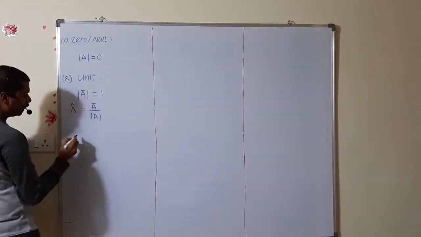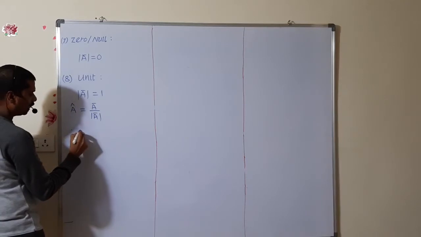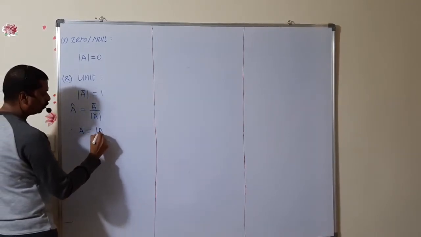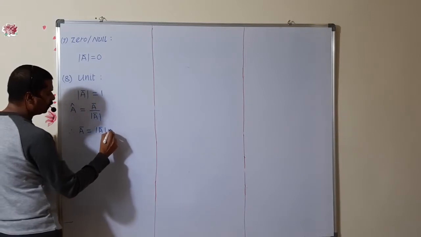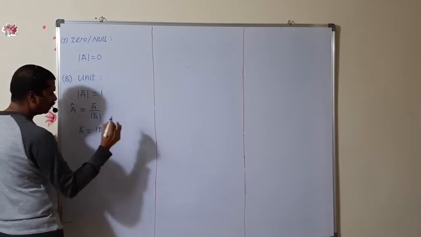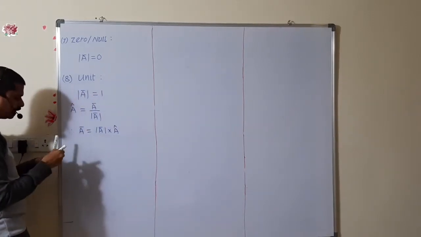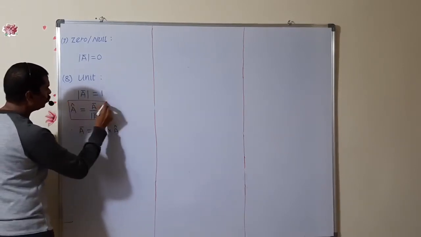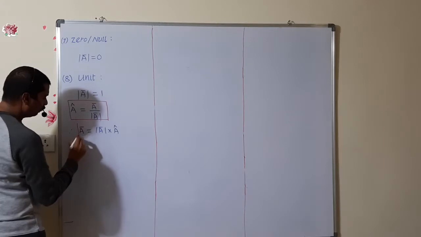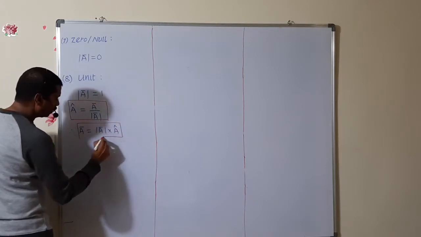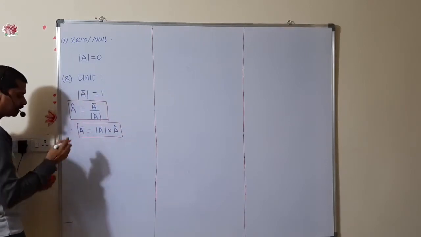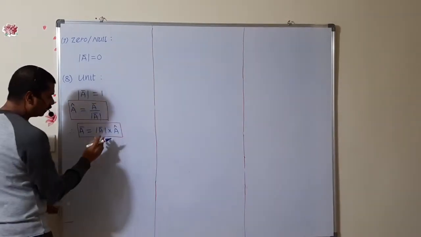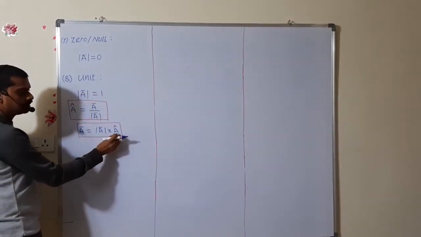By using this unit vector, we can write vector A is equal to mod of A into unit vector A cap. This is the formula for the unit vector, and this is the formula for the vector. If you want to represent the vector, you should follow this condition. This is the magnitude and this one is the direction.